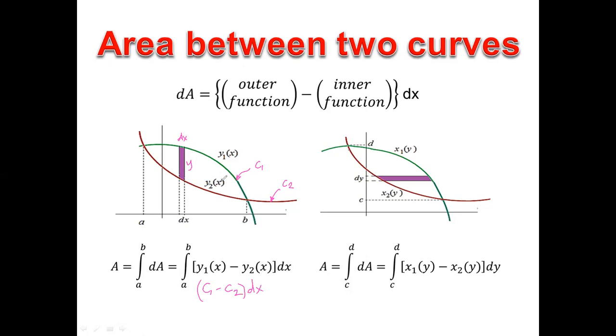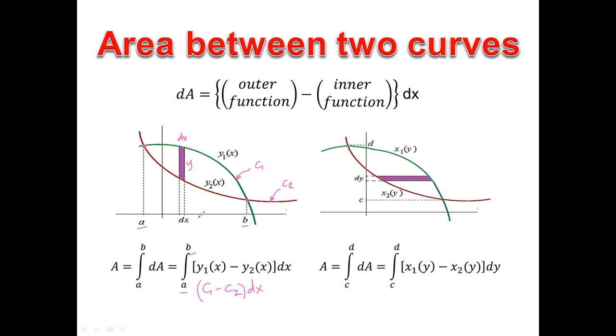Then we're going to check the boundary for the area enclosed by these two curves, and that would be from A. So you have A here, which is your lower limit, and B is the upper limit. So you need the x coordinates of these points, A and B, and you place them as the limits of your integration.